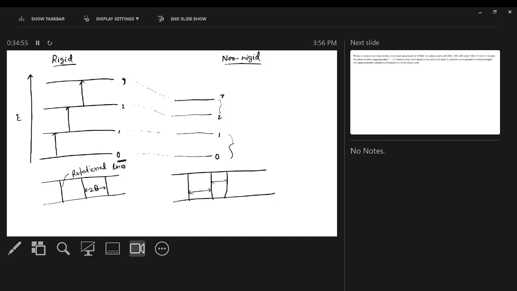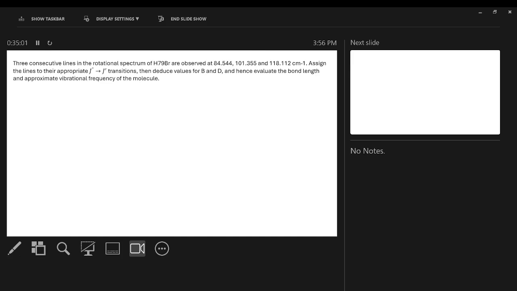So based on this discussion, let's try to solve some problems. The first problem is we have three consecutive lines in the rotational spectrum. Let's say we have three consecutive lines, 1, 2, and this third.